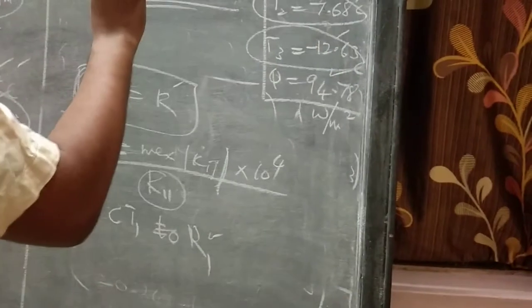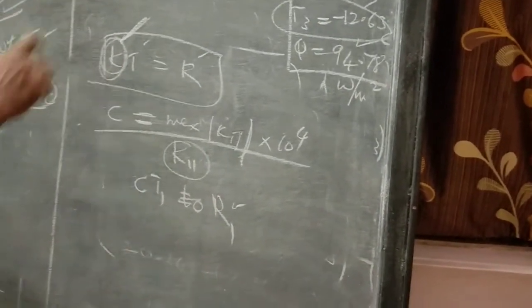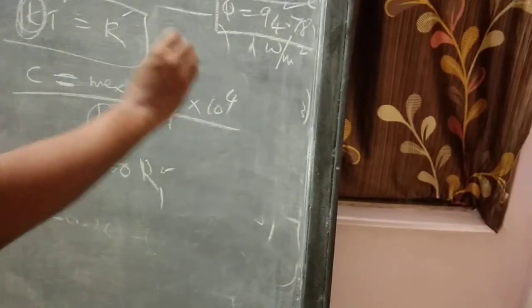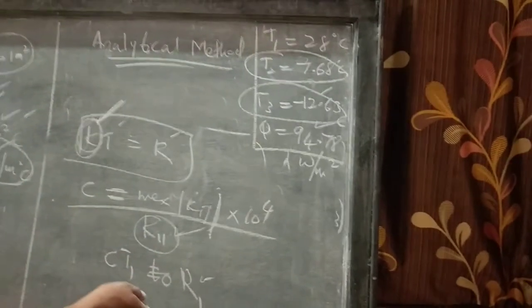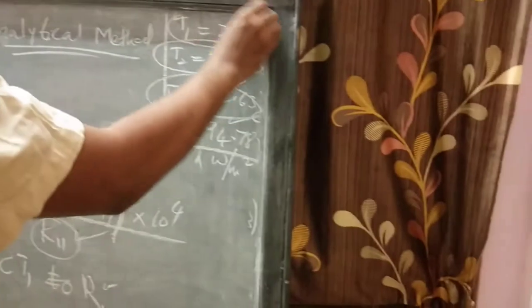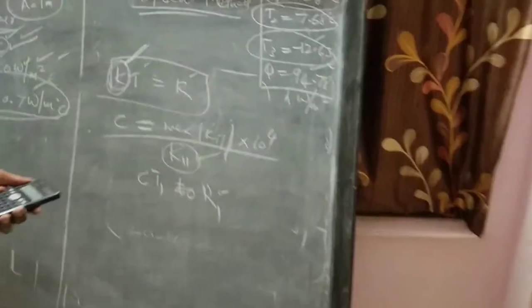And in the global matrix subjected to conduction and convection, the K11 term is modified by adding the value of C. After that, without eliminating any of the equations, you solve all three equations and you will get the same T1 28 degrees Celsius, T2 7.68 and T3 minus 12.63 degrees Celsius. I hope you have understood, my dear students. Thank you. Stay safe, stay healthy.